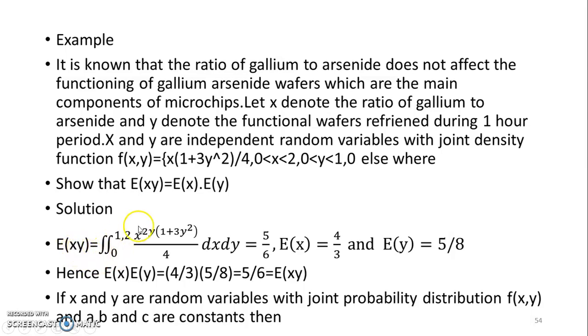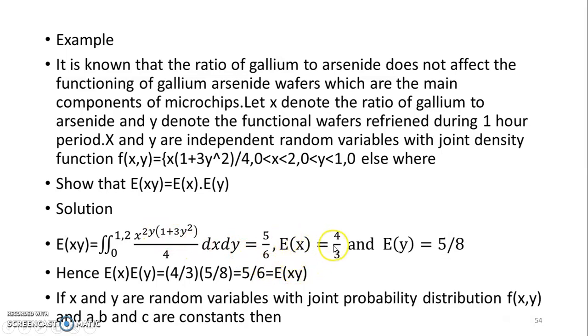Remember, our xy is multiplied by this function. So if xy is multiplied by this function, we get x times x, which is x squared, and then y times (1 + 3y squared) over 4, which is this one here. And then we are integrating with respect to x and with respect to y. So this one is equal to 5 out of 6 if you compute this.